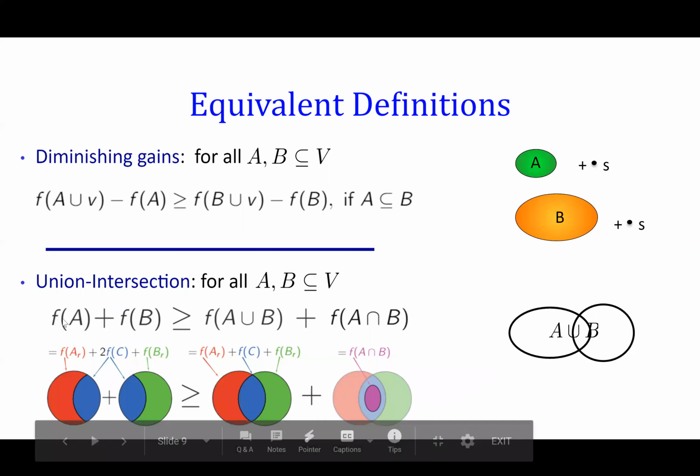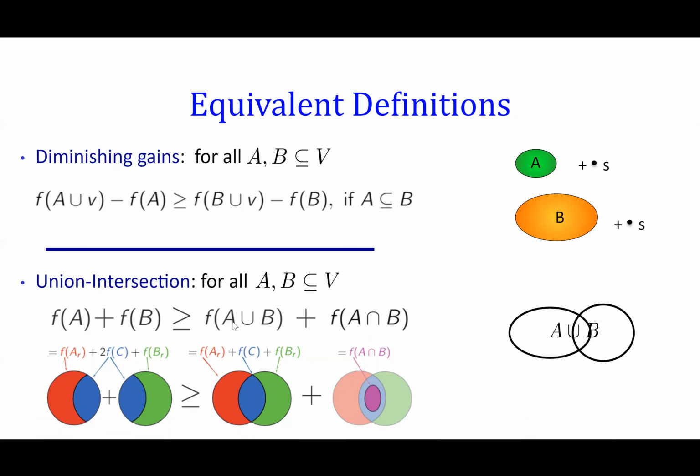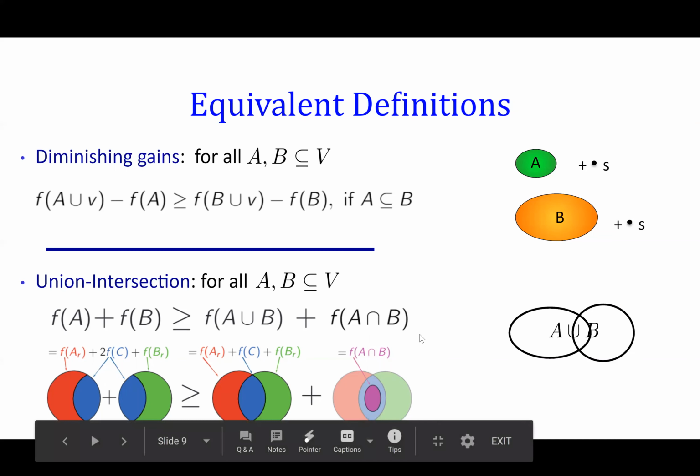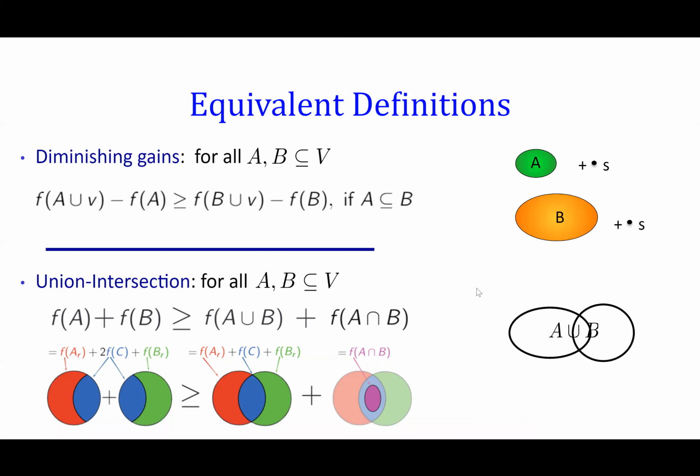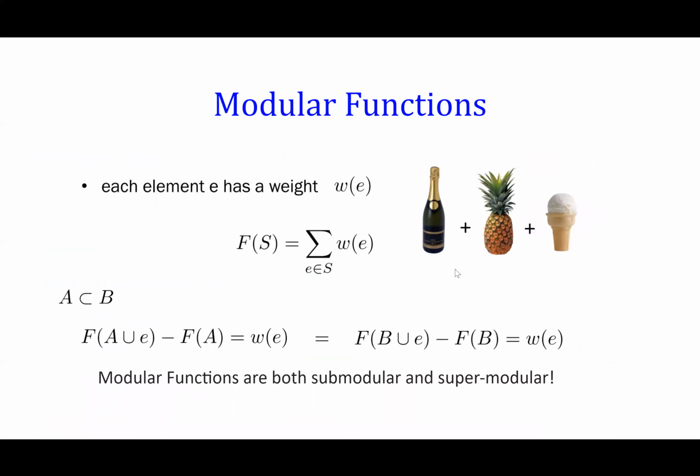Basically, the sum of the information functions over sets A and B is greater than or equal to the joint information of A union B plus the information of A intersection B. It turns out that both of these characterizations are exactly equivalent and both characterize submodular functions.